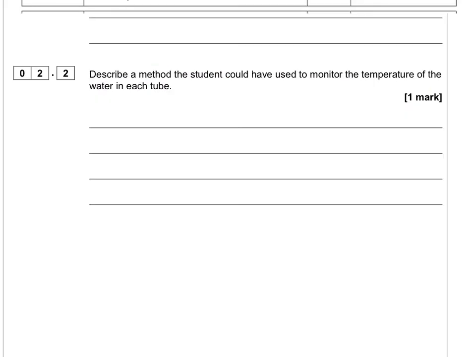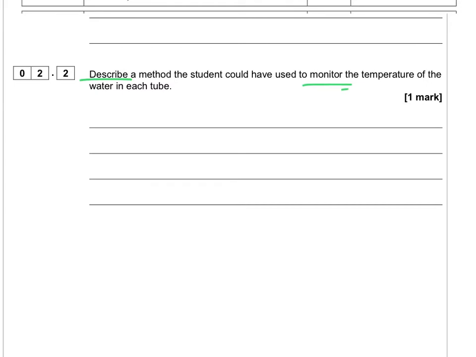Question 2.2, and it says describe a method the student could have used to monitor the temperature of the water in each tube. Now, obviously you would use a thermometer, but you wouldn't just say use a thermometer. You need to say that you would take readings, not just one reading, because it's saying you're monitoring the temperature in each test tube.